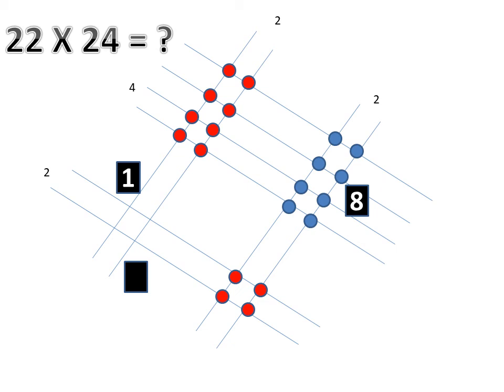And then, the last digit of the number 12, which is 2, must be written at the middle column.